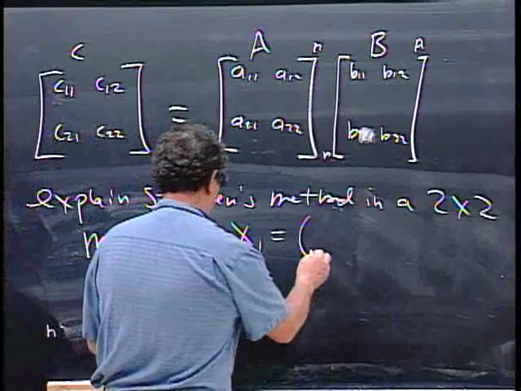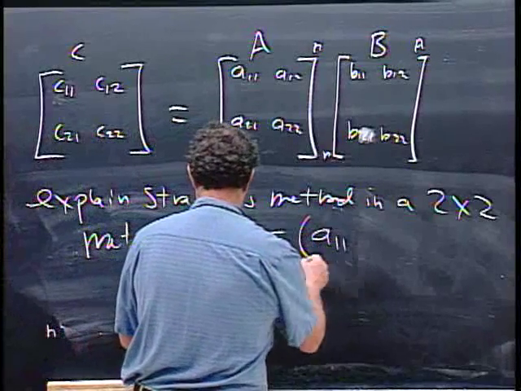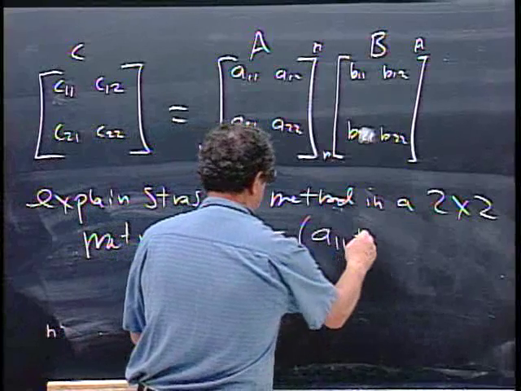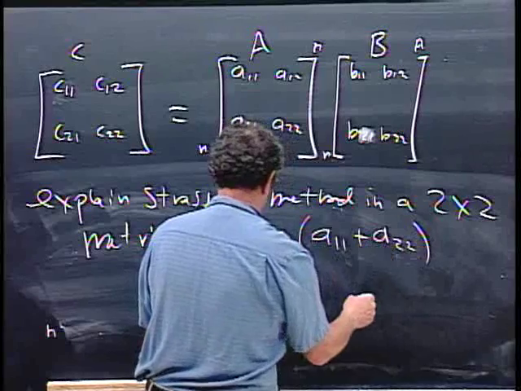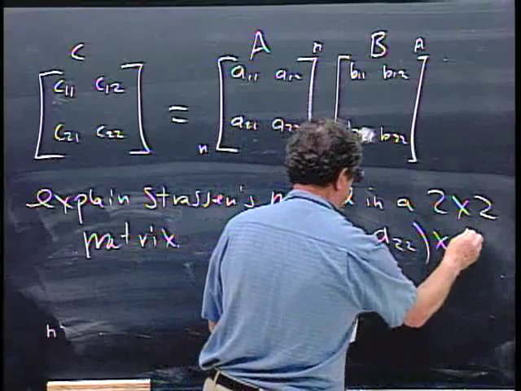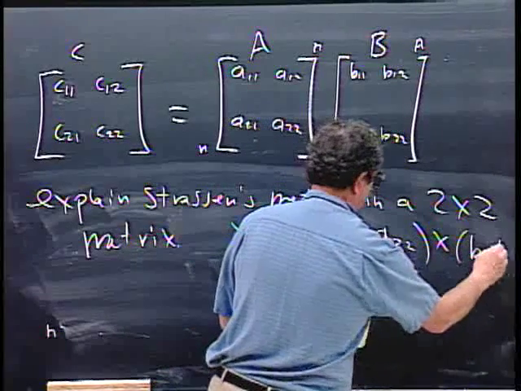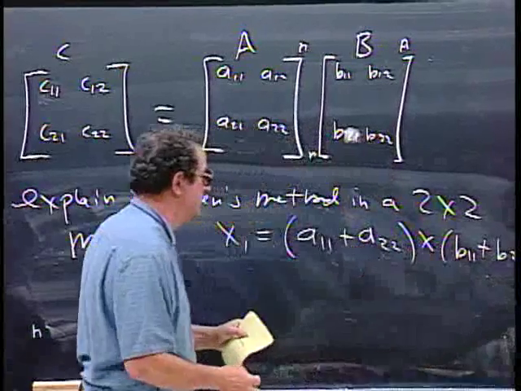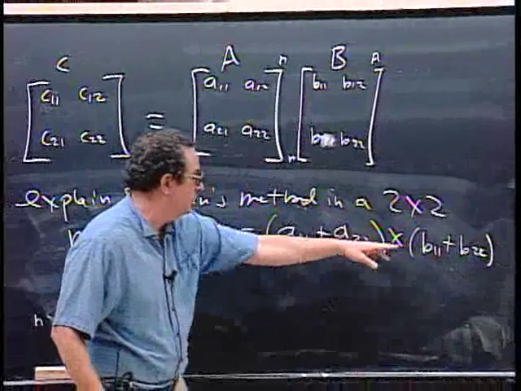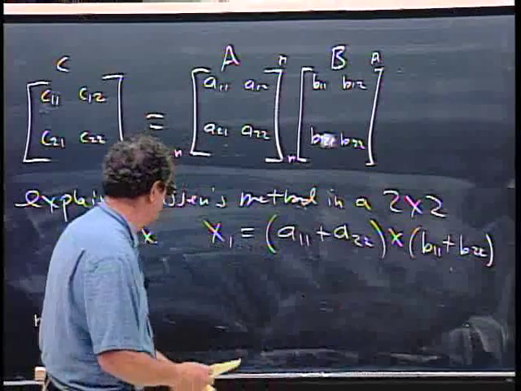So Strassen's method first computes X1, defined to be equal to A11 plus A22 times B11 plus B22. Okay, well, one multiplication, two additions, one multiplication.